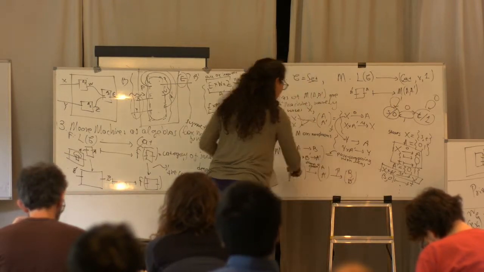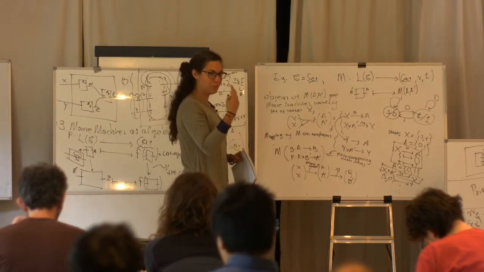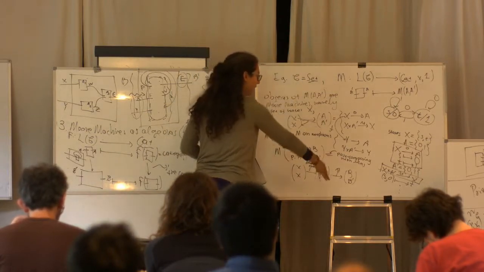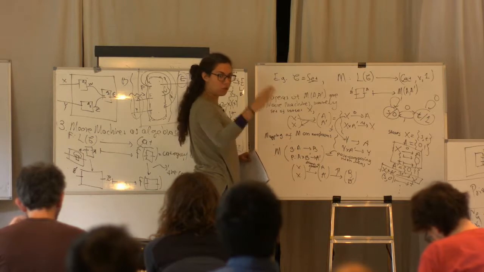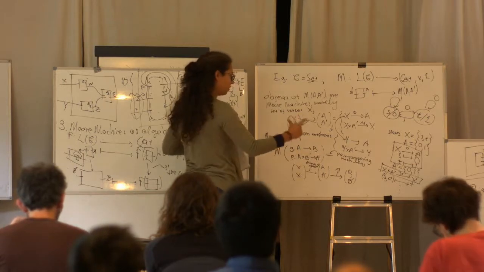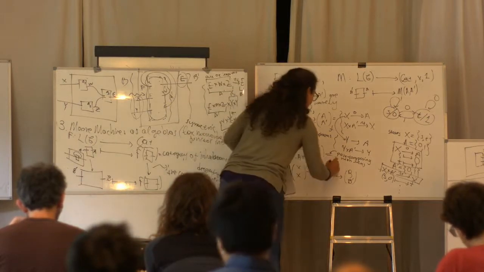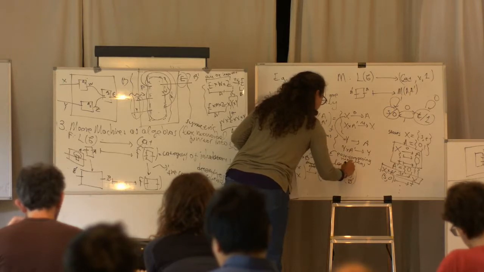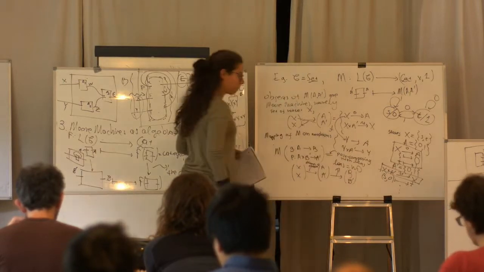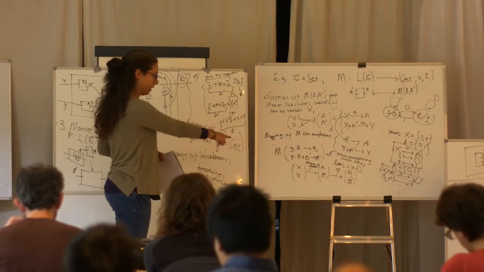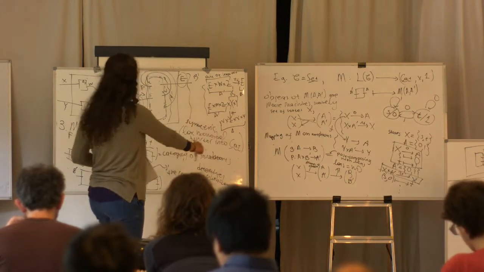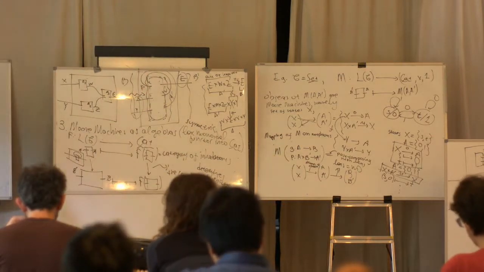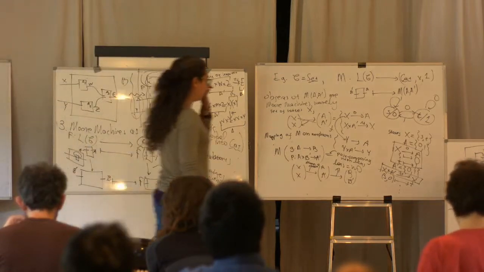So the fact that we can view Moore machines as lenses themselves makes this algebra a piece of cake. It's just post-composing with the lens expressing going from the inside to the outside, which is the same as a wiring diagram. So I will write this explicitly, but the idea is exactly this. So let me erase this.